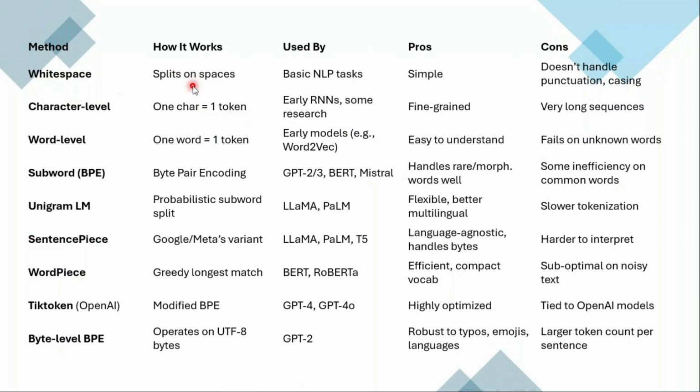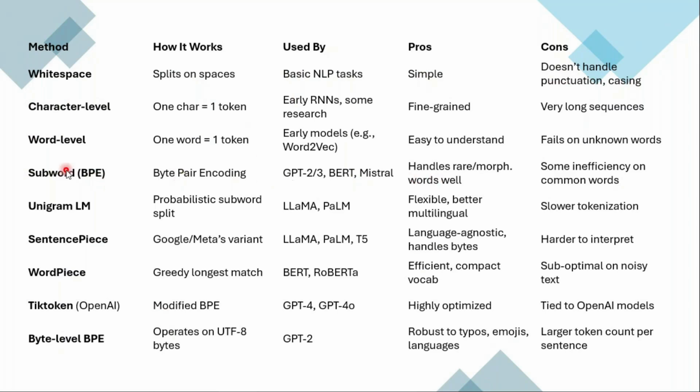This is used in NLP tasks, and the pro is that it is simple, but the con is that it doesn't handle punctuation. Tokenization divides sentences into words, and there are different levels: character level, word level, and subword level. Majorly we work with these. Subword is nothing but BPE, byte pair encoding.